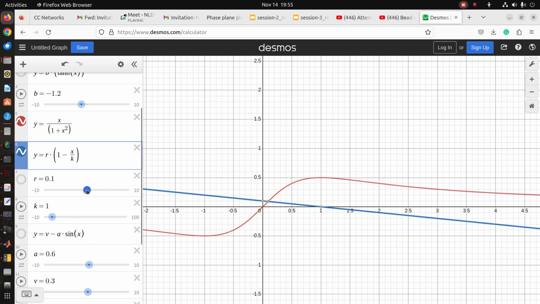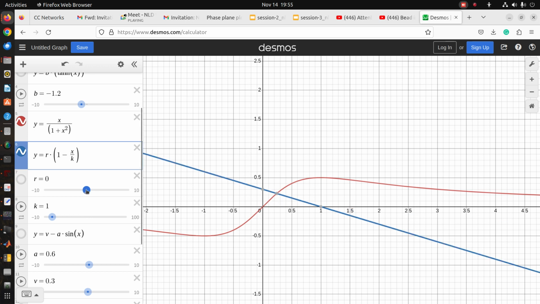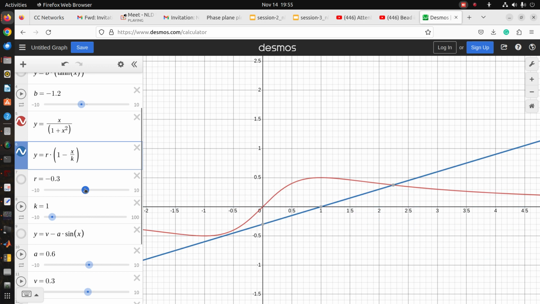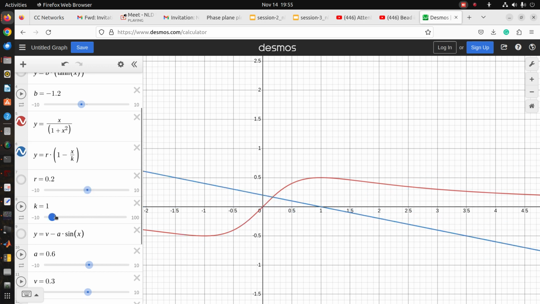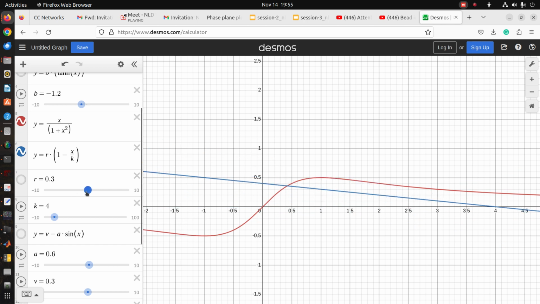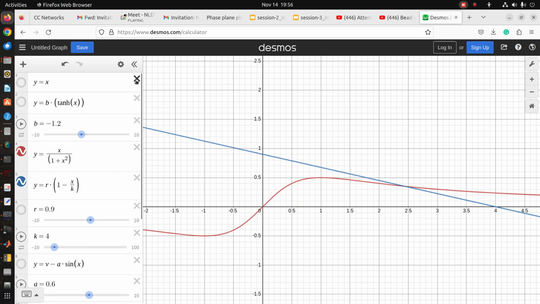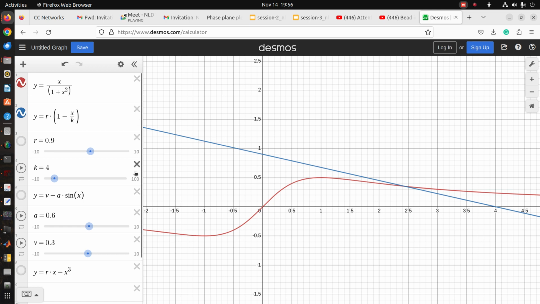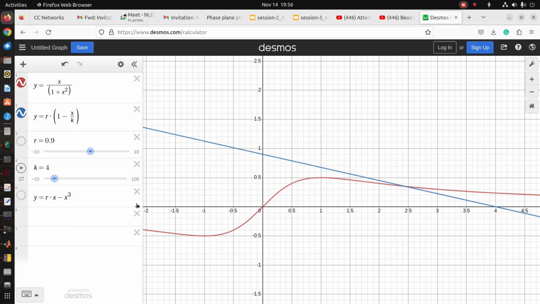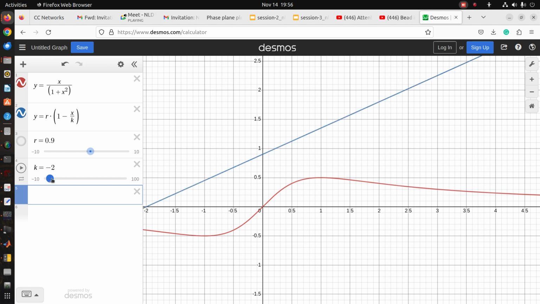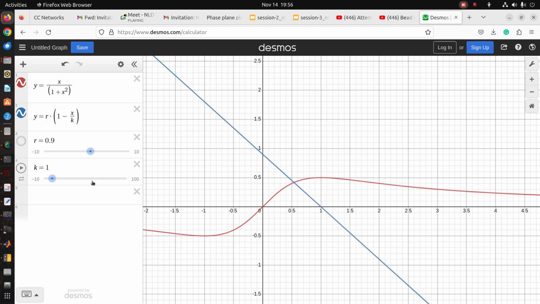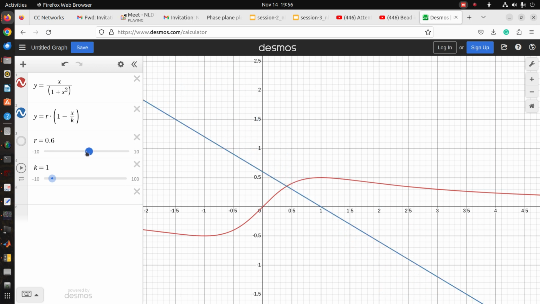As you increase your r value slowly, the system changes.